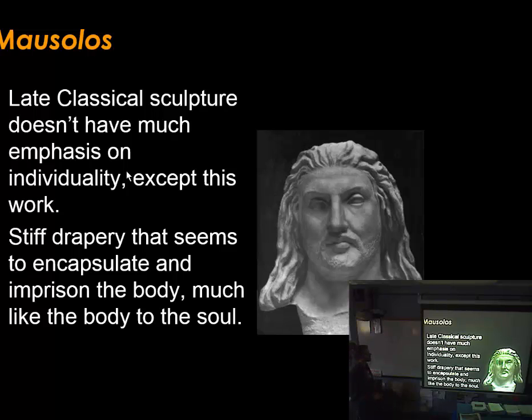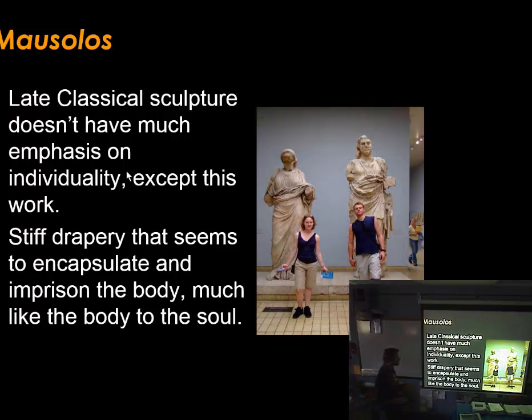The characters are representing more of a portrait than anything else. They're also larger than life, so these are large-scale works, and you can see the heavy billowing nature of the folds of the drapery itself.